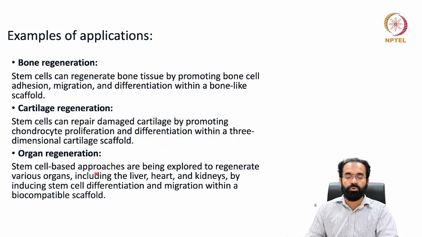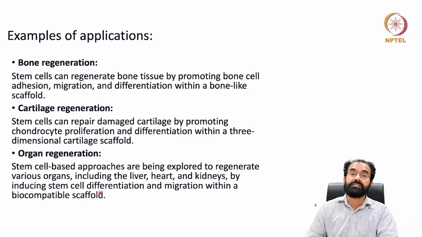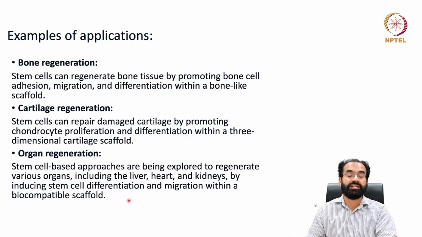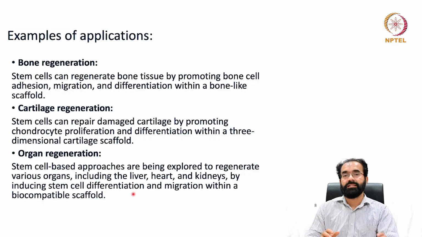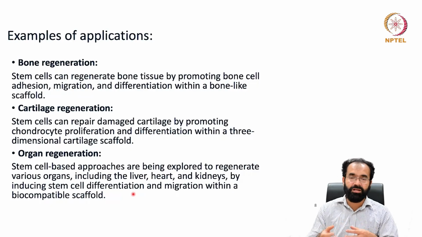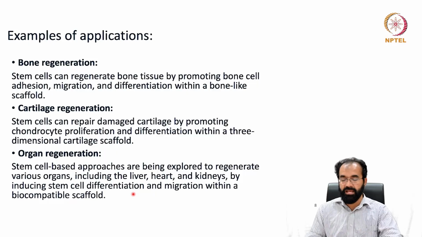Stem cell based approaches are being explored to regenerate various organs including liver, heart, kidneys by inducing stem cell differentiation and migration within the biocompatible scaffold. So these are actively emerging areas and some examples we will see of how it is being implemented in a human patient.